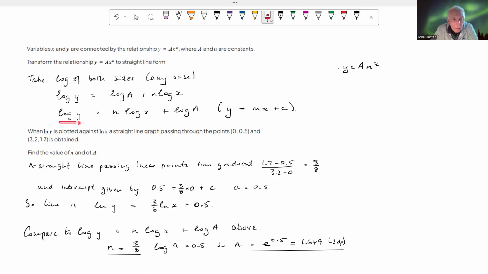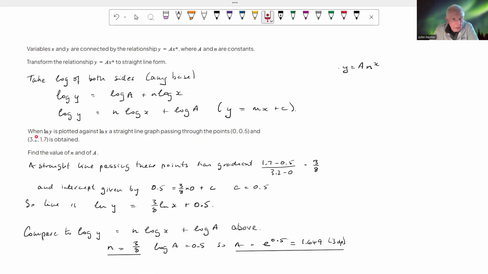So y equals mx plus c. Okay. So your constant, your gradient, and well, a. So therefore, log a is a constant as well.